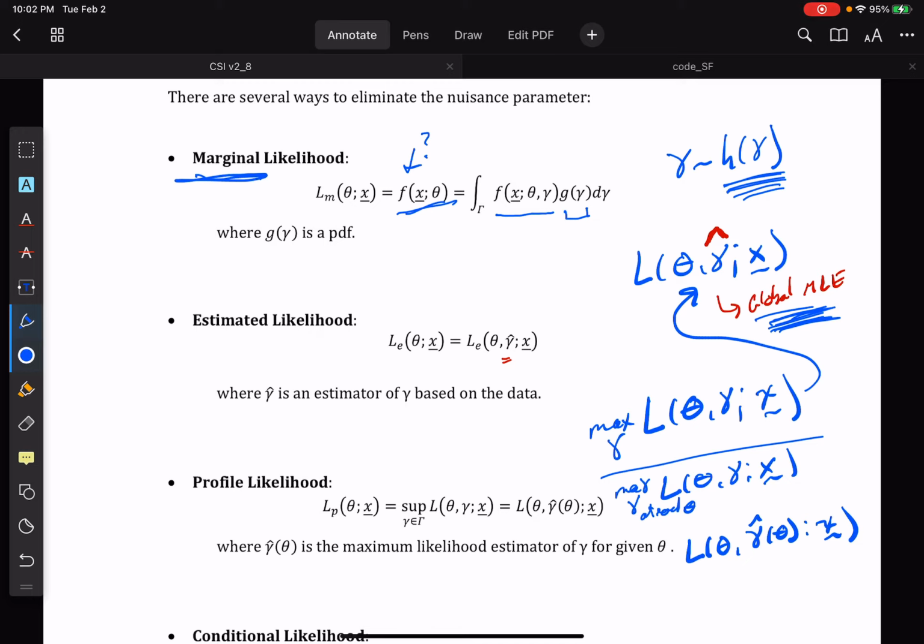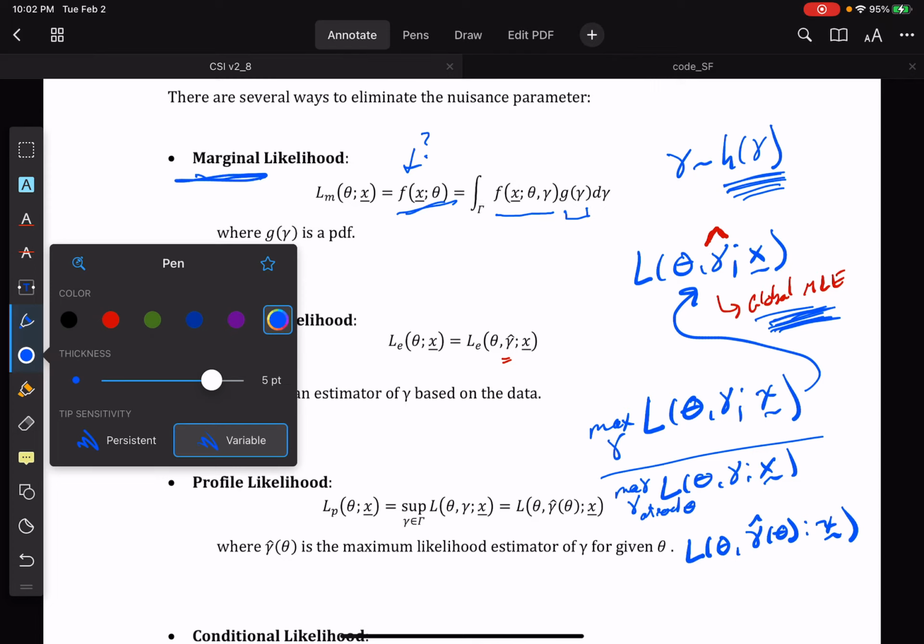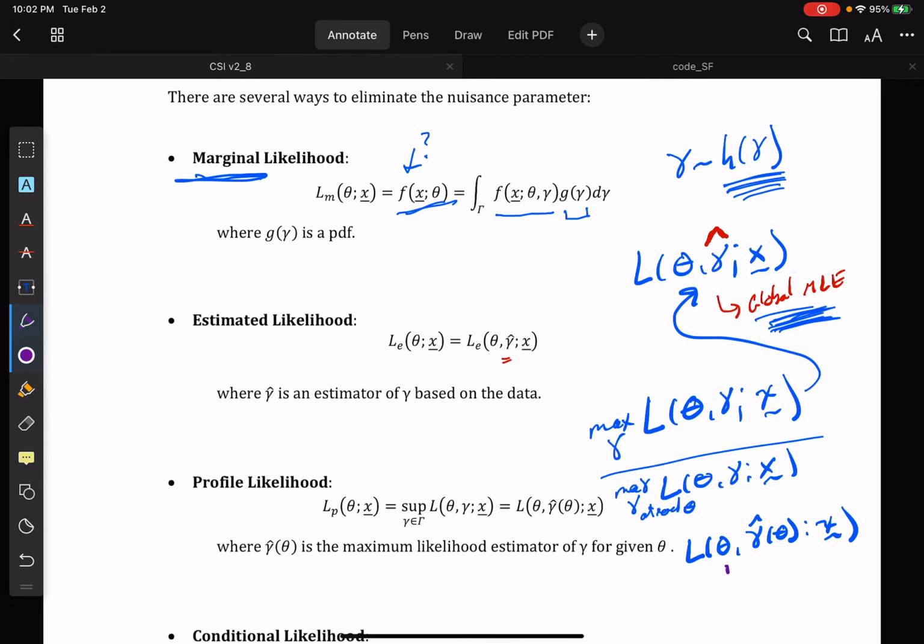And here, the idea is that for every theta that you look at, you're going to find the best guess of gamma. If theta is 1, you'll pick the best guess of gamma. If theta is 4, you'll pick a different guess of gamma because that will be best. And I'm going to illustrate this, and we have one very good example to help illustrate exactly what's going on here.